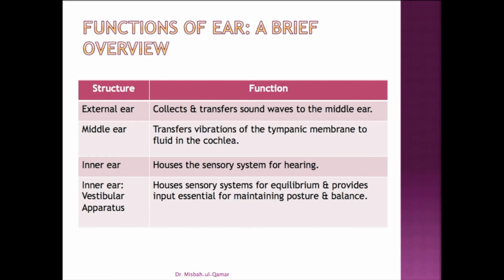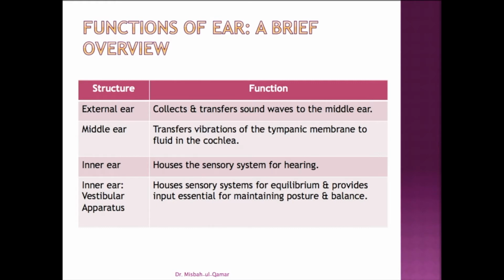External ear collects and transfers the sound waves to the middle ear, while middle ear transfers the vibrations of tympanic membrane to the fluid which is present in the cochlea. Inner ear, which is the main part, houses the sensory system for hearing.